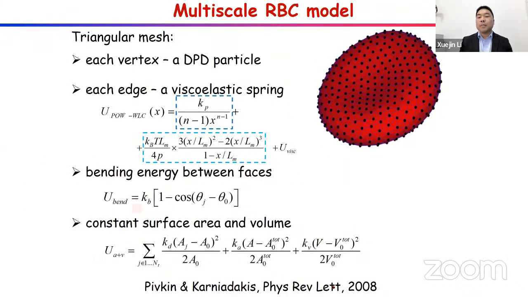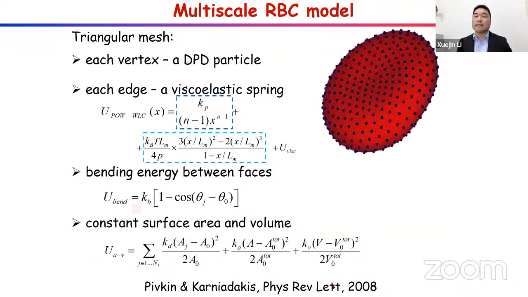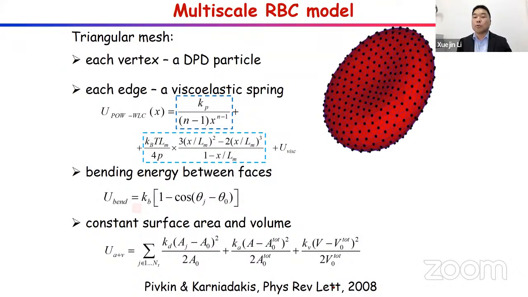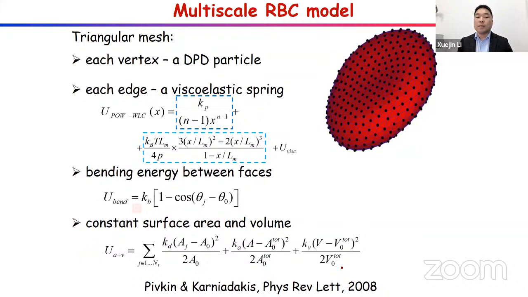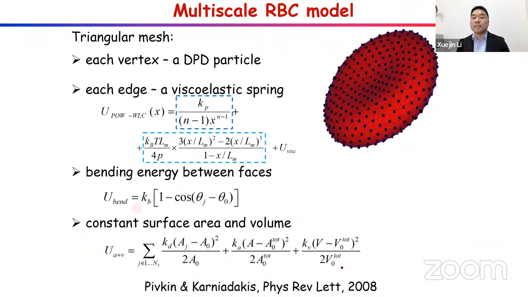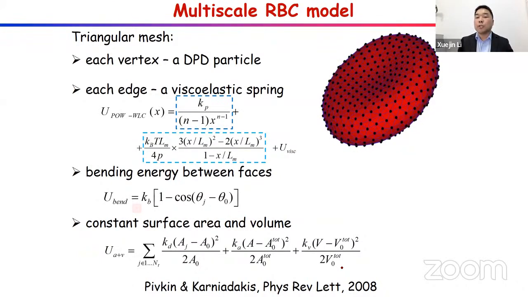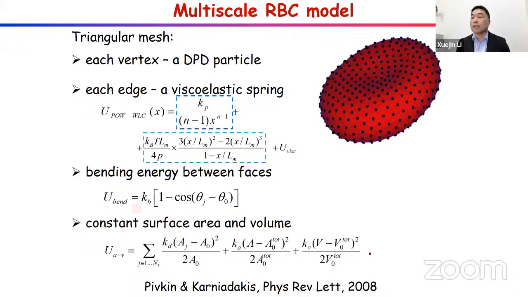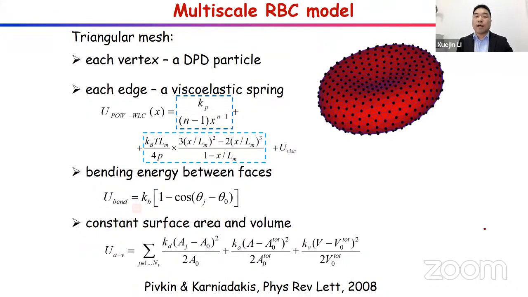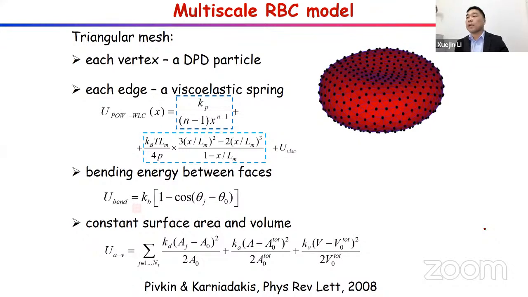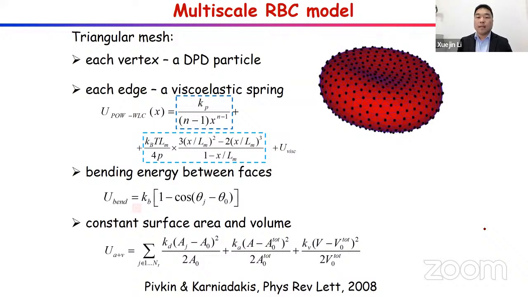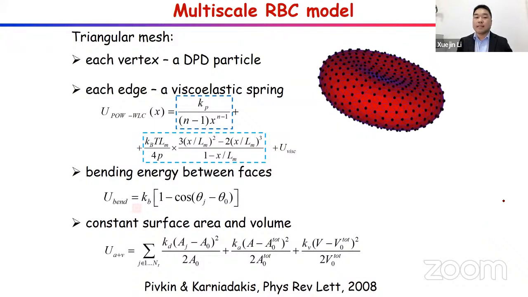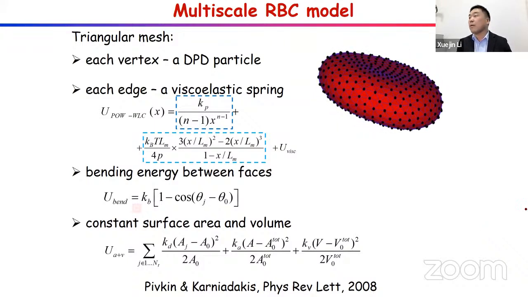And using the DPD method, our collaborator developed a multiscale red blood cell model. In this model, the membrane of the red blood cell is modeled by a 2D triangular network with several hundred to several thousand vertices, so we call it the multiscale RBC model. And each vertex is a coarse-grained DPD particle.